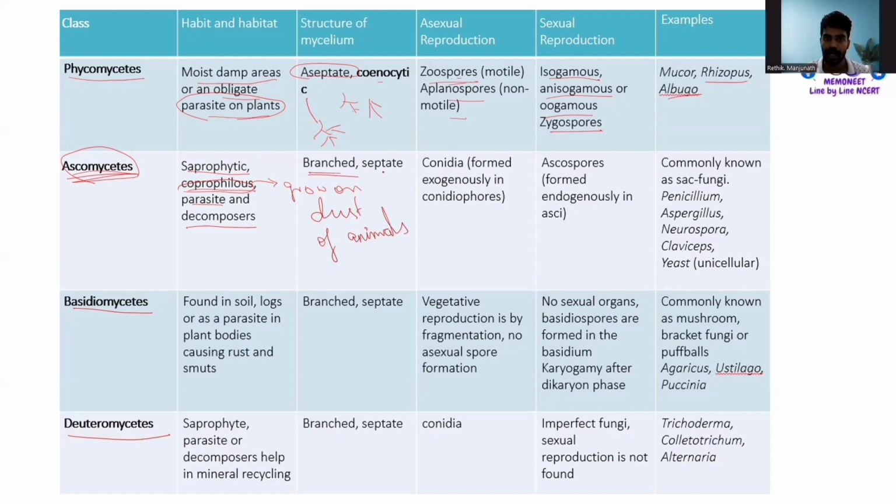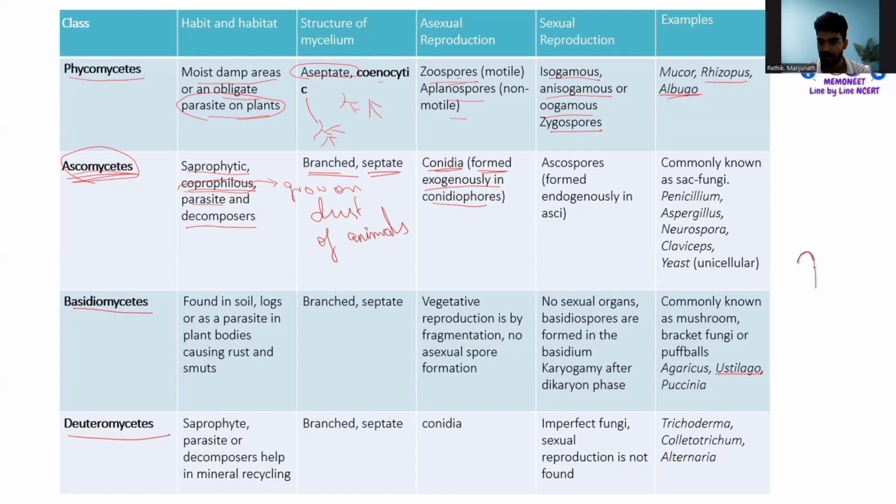It is branched and septate. In the asexual mode of reproduction, there is conidia formation, that is, conidia are formed exogenously on the conidiophores. When I'm talking of ascomycetes, you can see it like this.